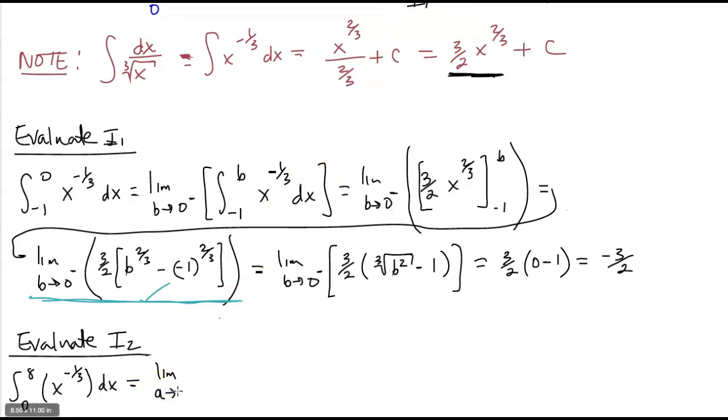So a is going to approach 0 from the right, and this will be an integral of a to 8 of this.